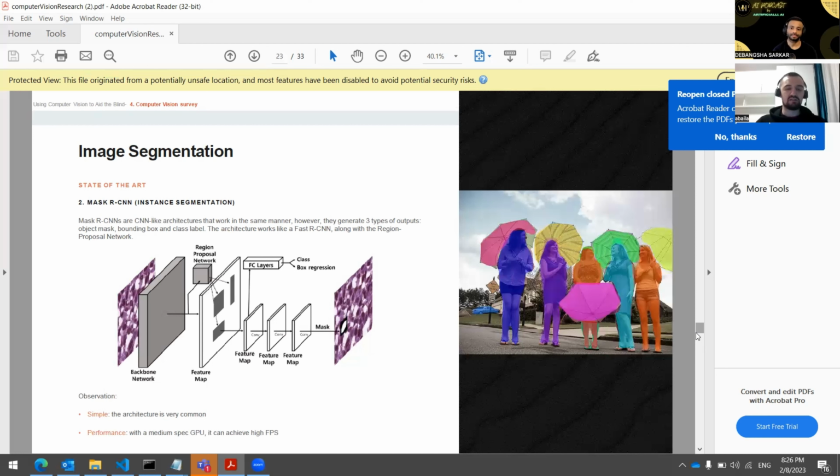As some observations here, the architecture is quite common, so it's not like a breakthrough like a transformer is nowadays. But it's got pretty good performance. With a medium spec GPU, again, FPS can be quite high. So for trying it out on your laptop or edge devices, it's a good choice.